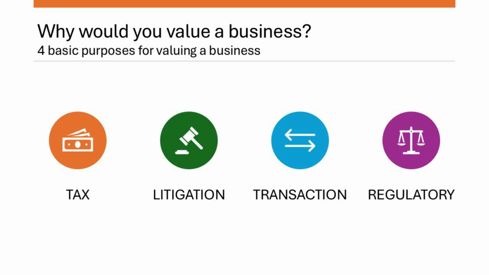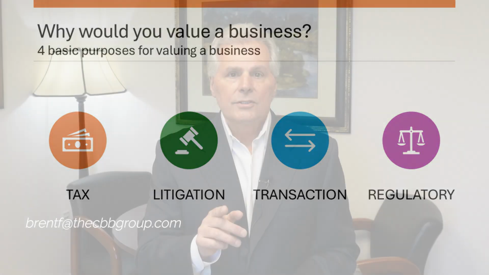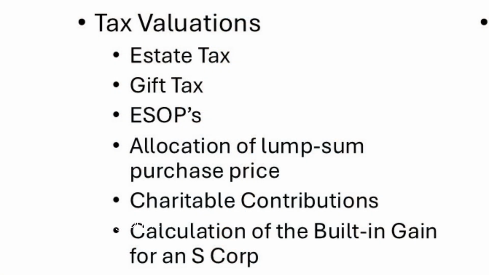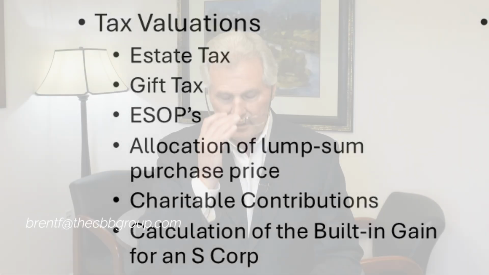Now, there are four basic purposes for ordering a business valuation, and they are tax, litigation, transactions, and regulatory. To further segment these four categories, let's put them in two groups. Tax valuations would include estate tax, gift tax, ESOPs, allocation of lump sum purchase price, charitable contributions, and calculation of built-in gains for an S corporation.